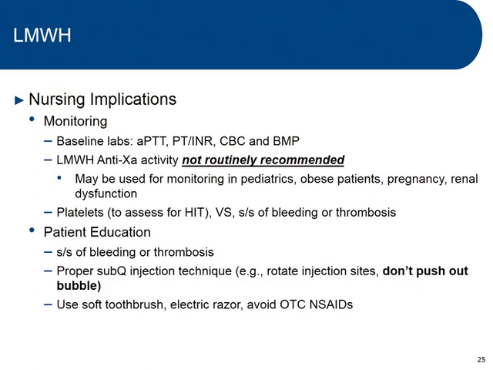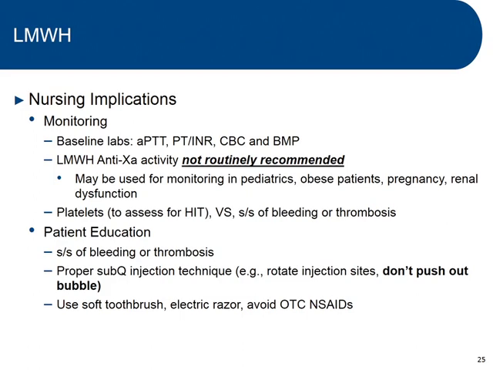Now, with that said, there are even some adult patients where we might use low molecular weight heparin anti-10A activity, specifically obese patients, and that just has to do with the way this drug distributes in the body. Pregnant patients also, because distribution can be changed in pregnancy, and pregnancy in general requires closer monitoring, and also renal dysfunction.